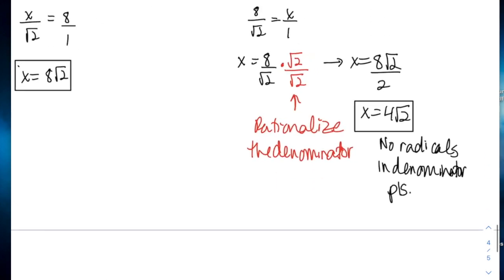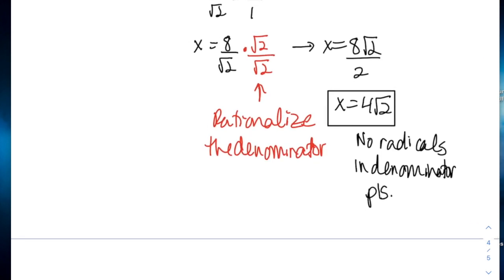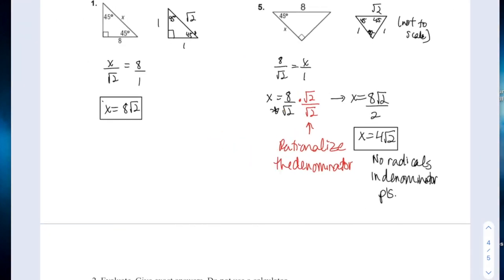If you get a radical in the denominator, you need to rationalize it by multiplying by root 2 over root 2, for example, in this case. So you just look at what the denominator is and multiply by that.